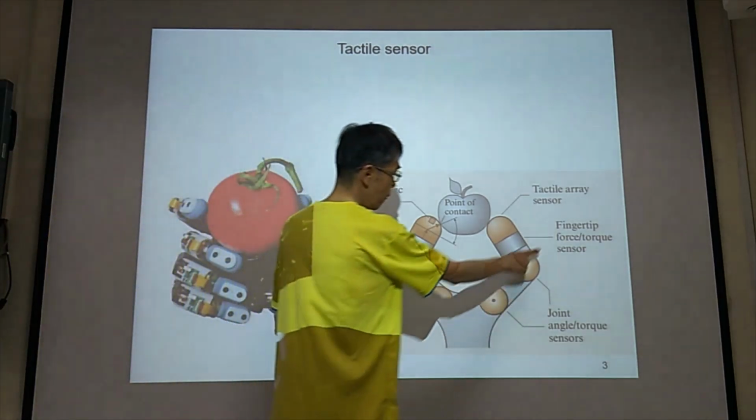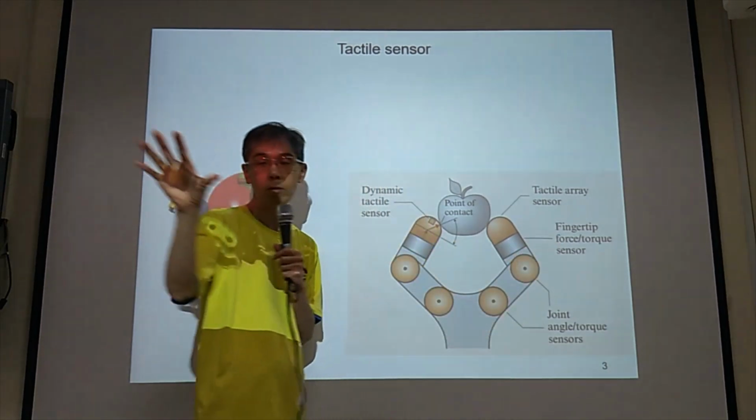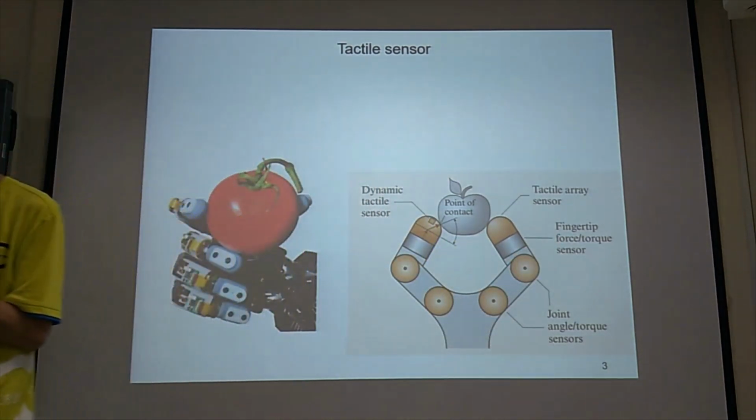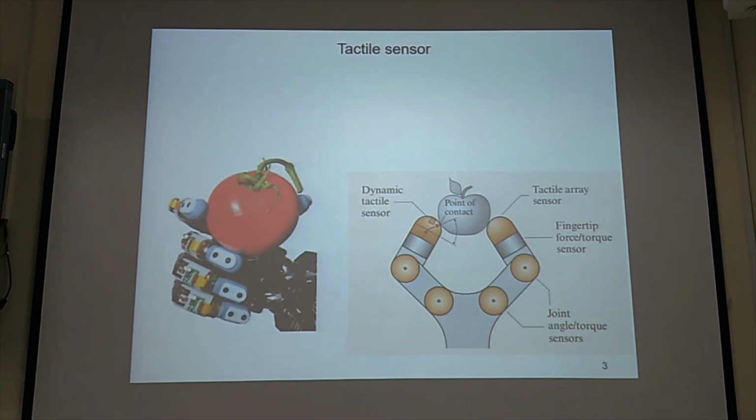But also we need force torque sensor, because the robot may squeeze the tomato and damage the tomato. Because the robot can be used to select good tomato and bad tomato, quality A tomato, quality B tomato, quality C tomato. So when the robot touches the tomato, the force cannot be too large, otherwise you are going to damage it.